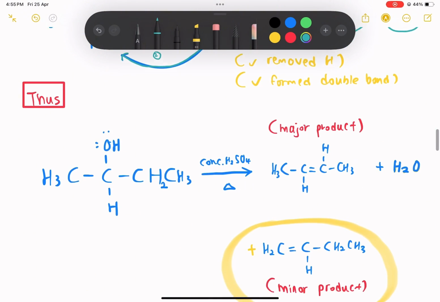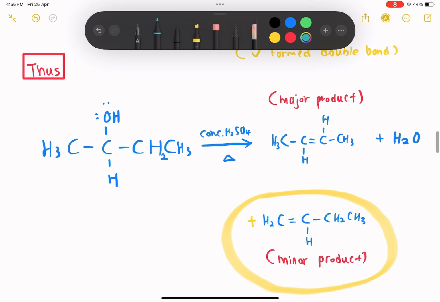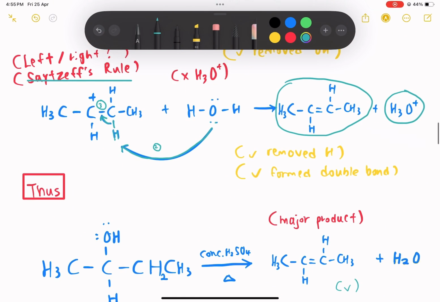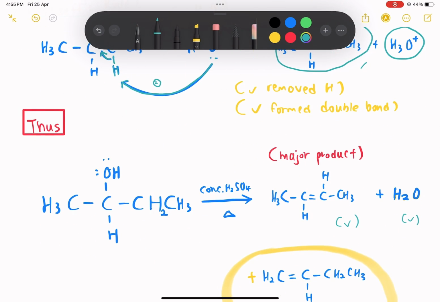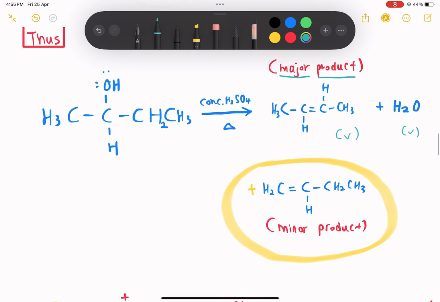Next, the product formed will be this, together with H2O. And in mechanism, we only care about the major product after we apply Saytzeff's rule. And the minor product normally we will not consider for mechanism.